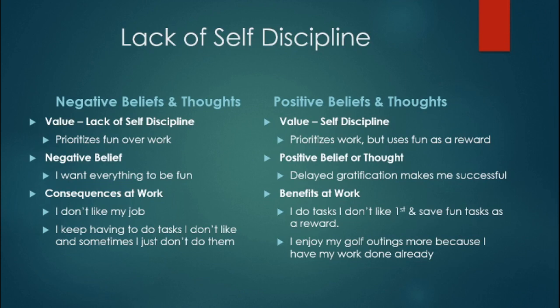The polar opposite is self-discipline, and that prioritizes work but uses fun as a reward. Positive belief or thought is, delayed gratification makes me successful. Some of the benefits at work is I do tasks I don't like first and save fun tasks as a reward. I also enjoy my golf outings much more because I've already got my work done.